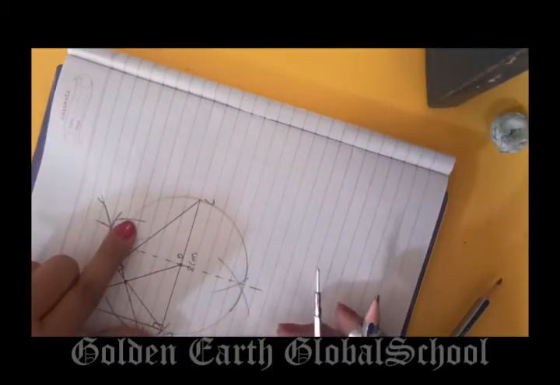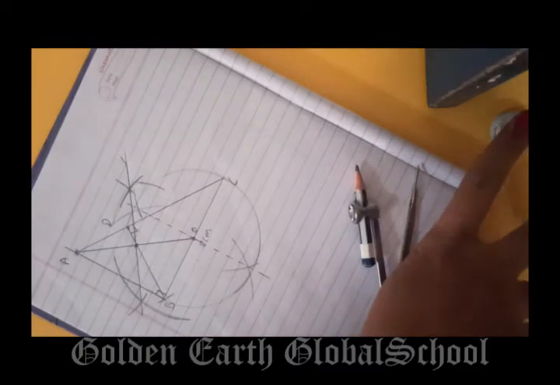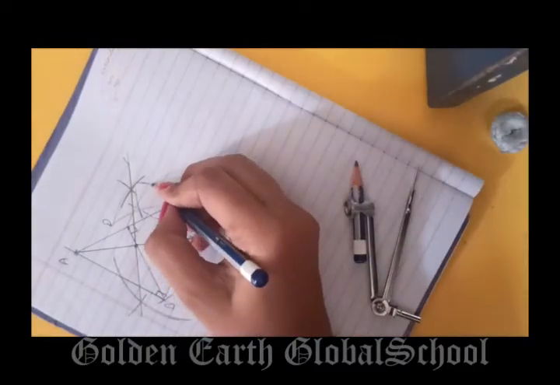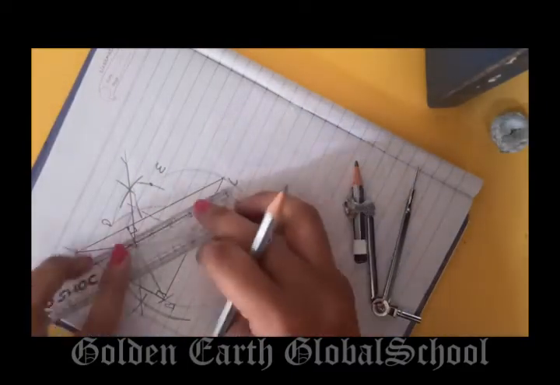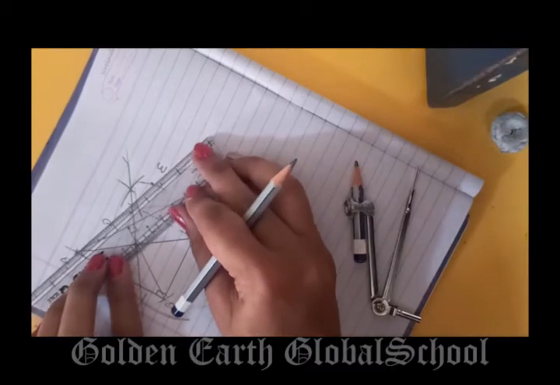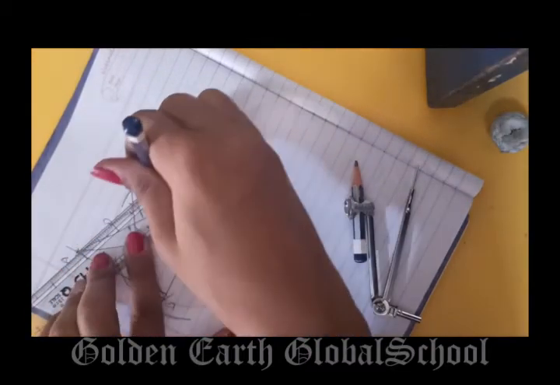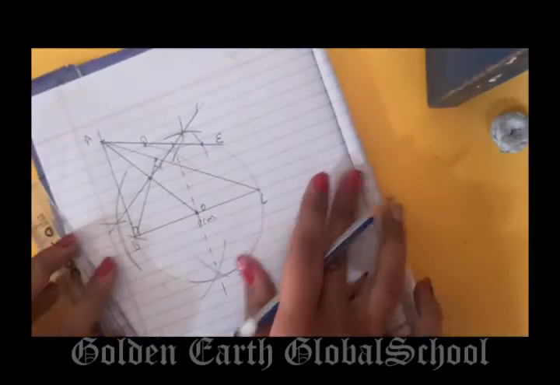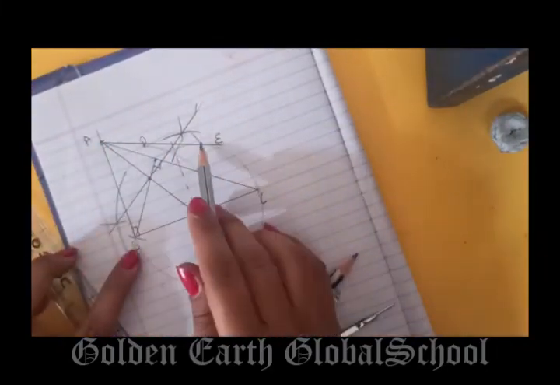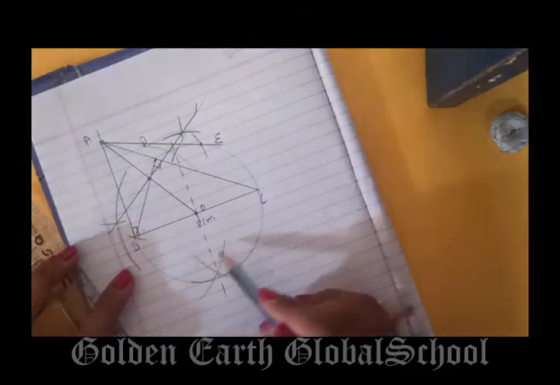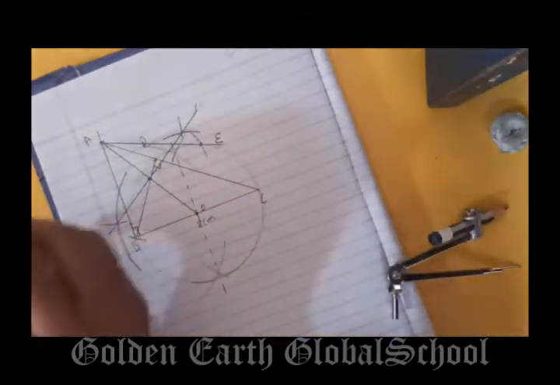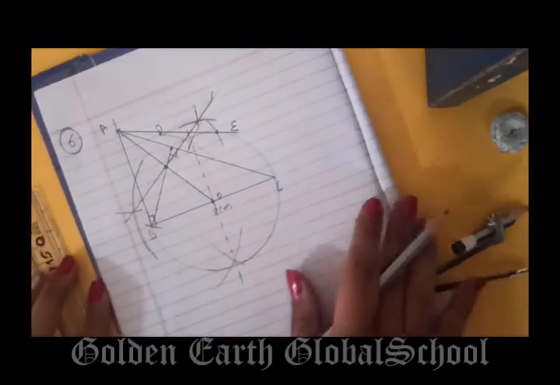This is your other point, let it be E. Then join AE. So this is your second tangent. Clear? So AB and AE are the two tangents to the given circle. Clear? So this is your sixth question.